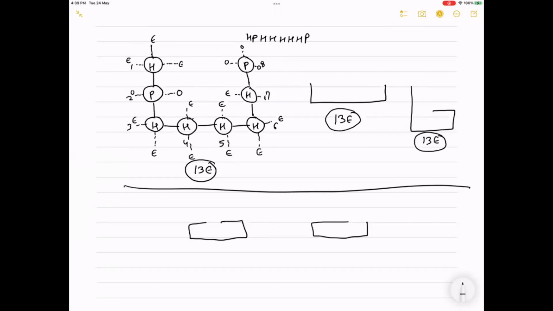Last two? Sravya? Sir, is it 15? No, 15 is again a wrong answer.